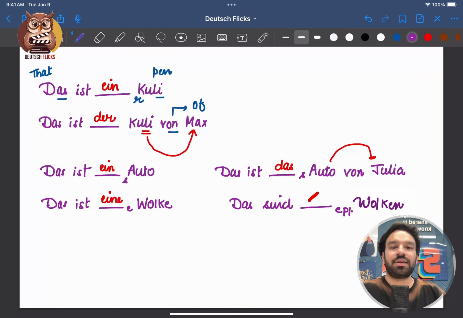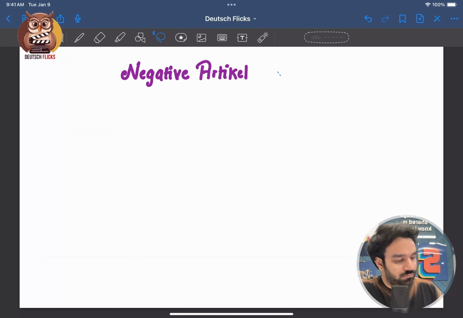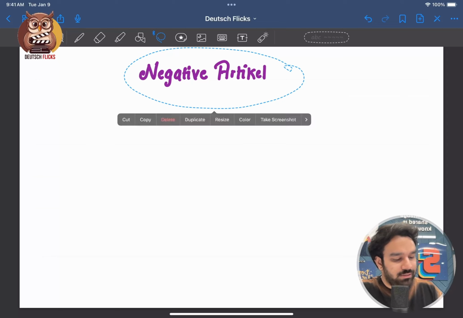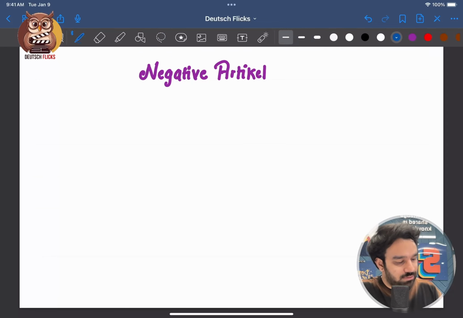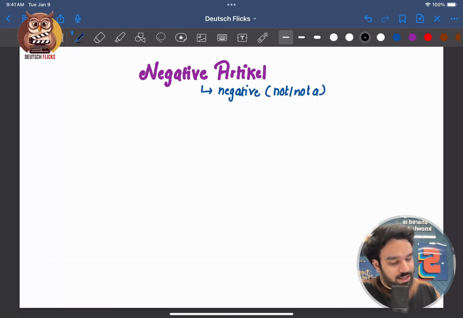Now at last we have negative articles. Negative article, negative articles. So you use words like "not" or "not a." Let me write the genders again.